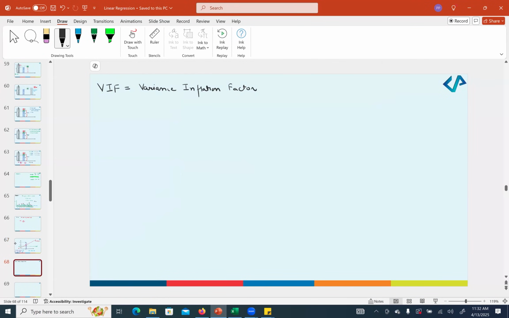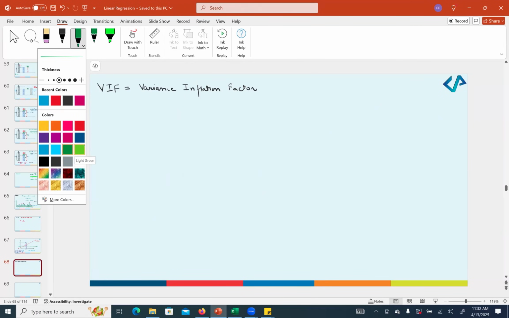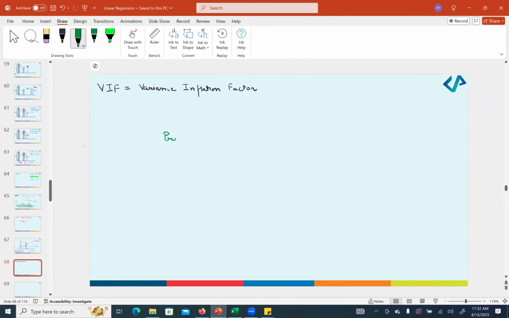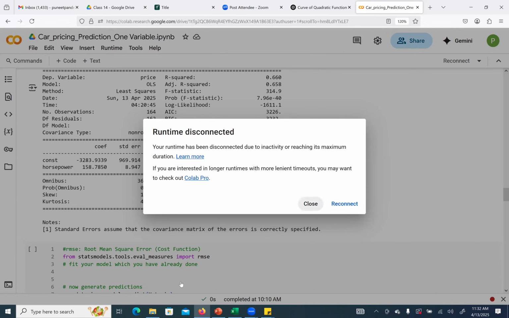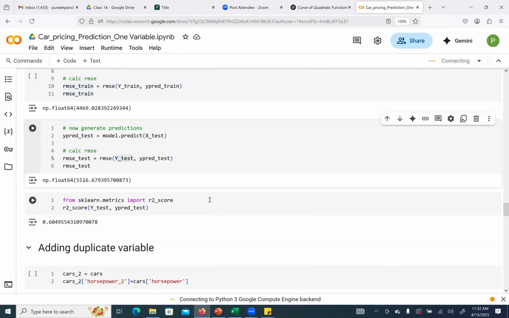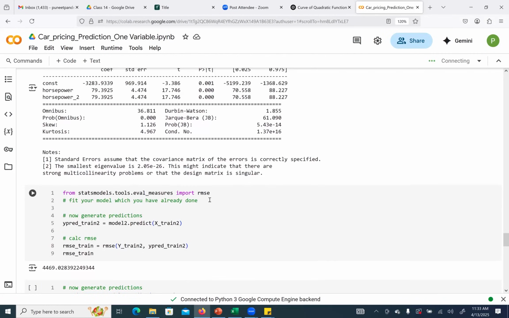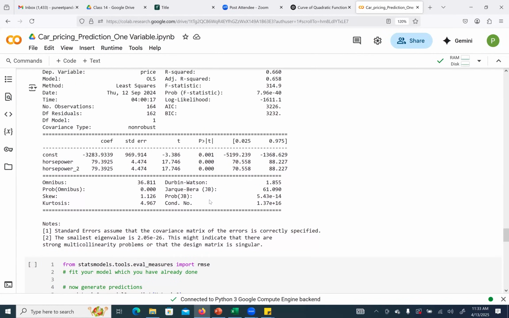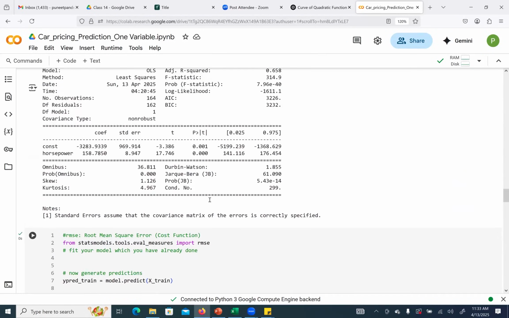Okay, variance inflation factor. But before I go over there, let me ask you a question. If the price of the car is given by approximately 159 times horsepower minus 3283, right?